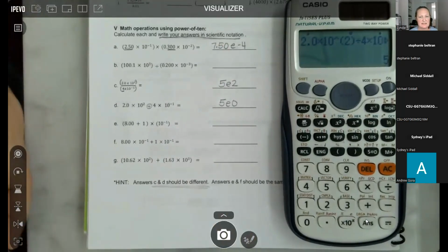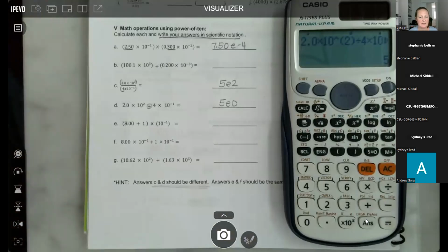I don't know if it specifically says to do it in Canvas or not, but you'd want to pay careful attention to that. I'm not sure if just 5 is marked correct or incorrect in this section. It depends on what the instructions were in Canvas. But I'm pretty sure 5e to the 0 would be correct.